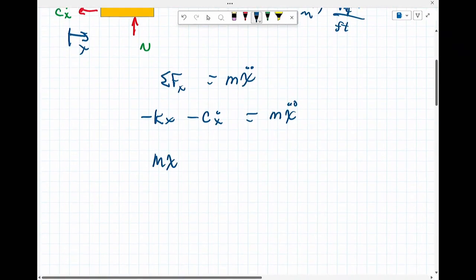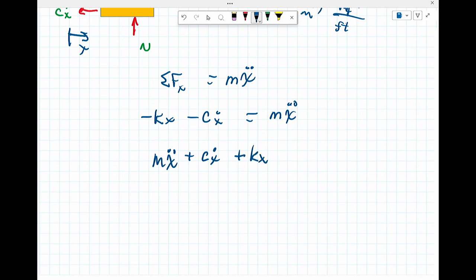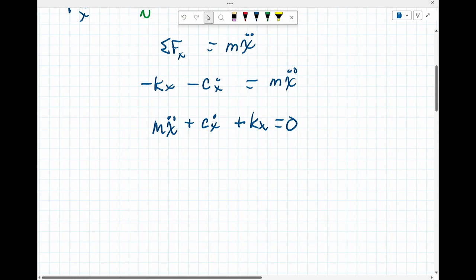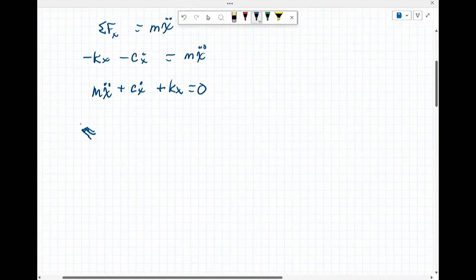And I end up with the same form of the equation as I've had before, which is mx double dot plus kx, but I also have this additional term that is going to appear, which is cx dot. And so my a cos omega nt plus b sine omega nt doesn't work because it's not going to cancel out all the terms. And so if I can't cancel out all the terms, then I end up in kind of a jam here. So I need to sort of rewrite this. And I'm going to write it, ooh, that got away.